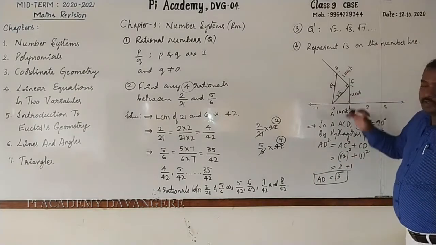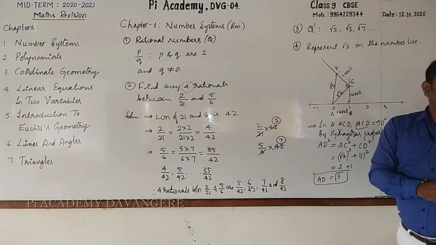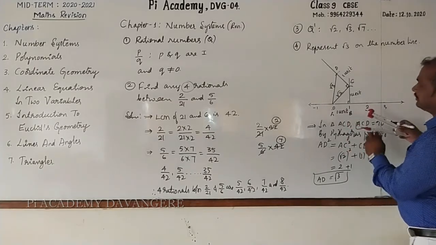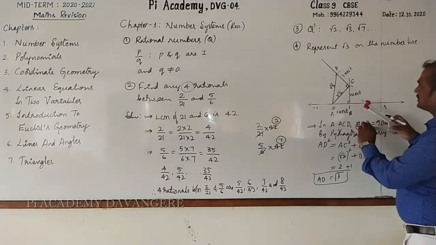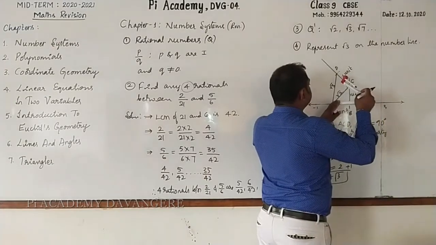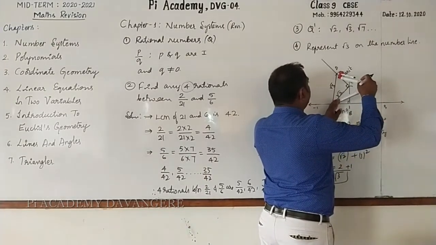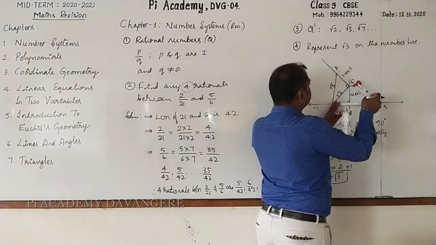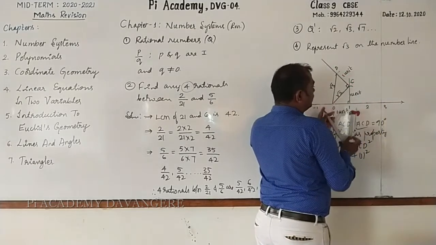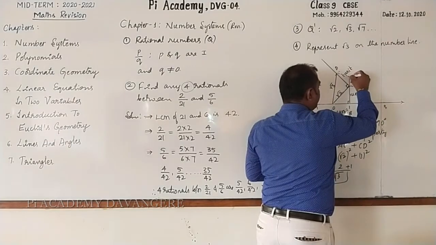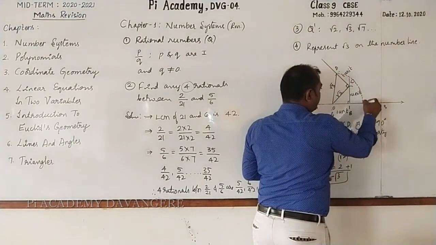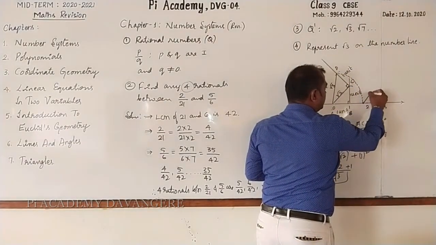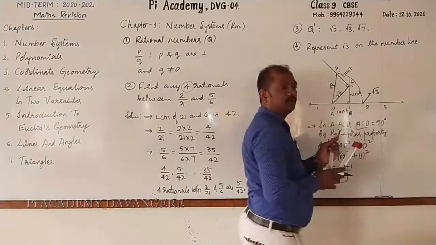Followed? Now, to represent root 3 on the number line, again take compasses and take the distance of AD. With A as center, AD as radius, draw an arc which cuts the number line at a point. This is the point. This is root 3.